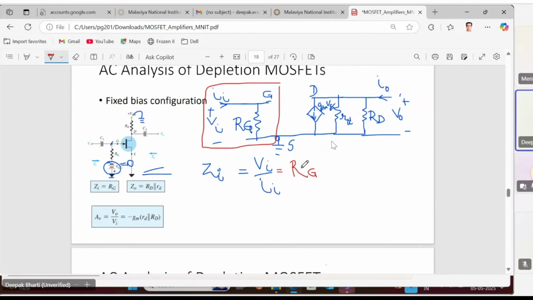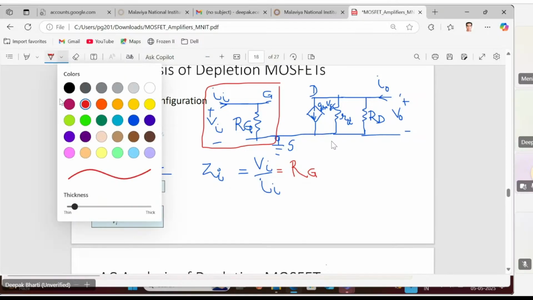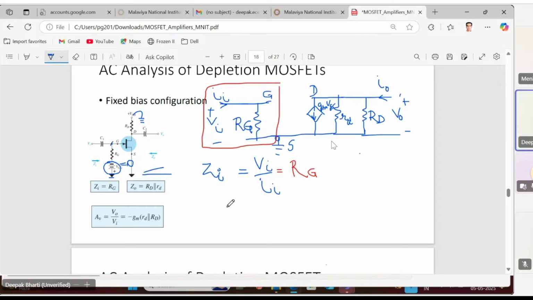Okay, Zi will be equal to RG. What will be the Z naught? Z naught definition is slightly different. Z naught is the ratio of V naught and I naught at 0 volt of Vi.